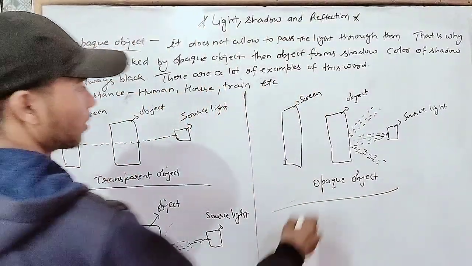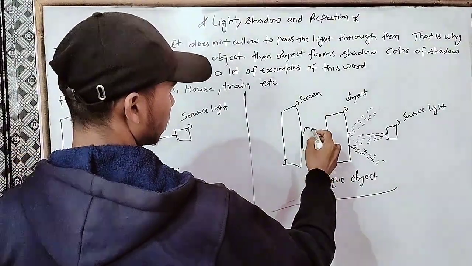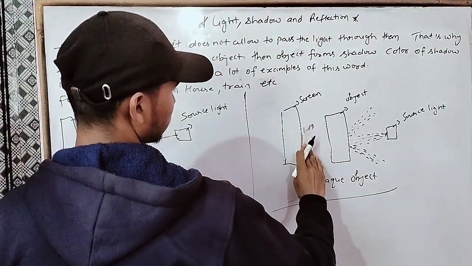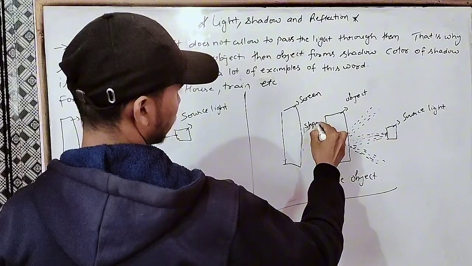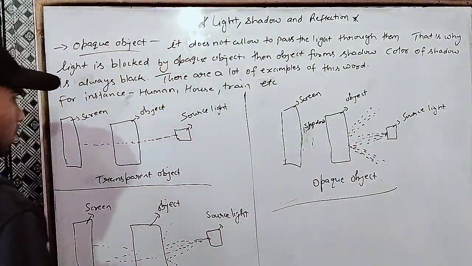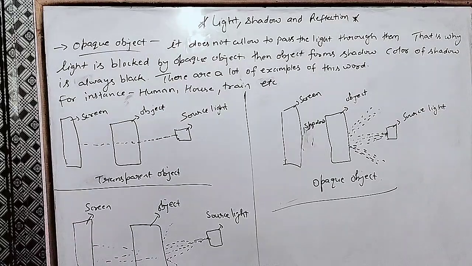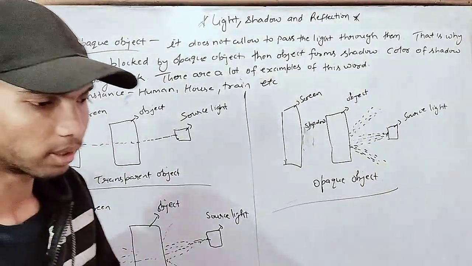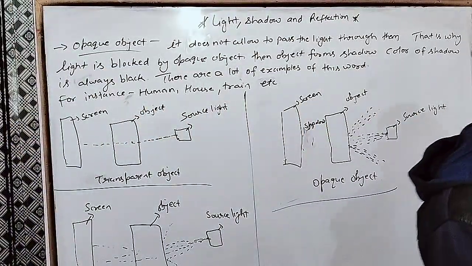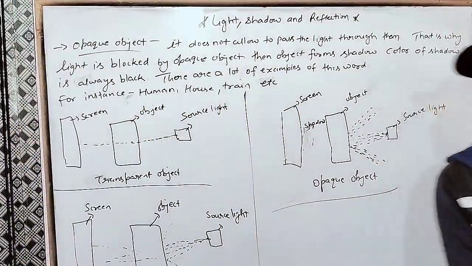Okay. Here we will see the shadow of this object. Clear, brother? Transparent, translucent, opaque objects. We tried to understand. Just have a look for a few seconds to understand.